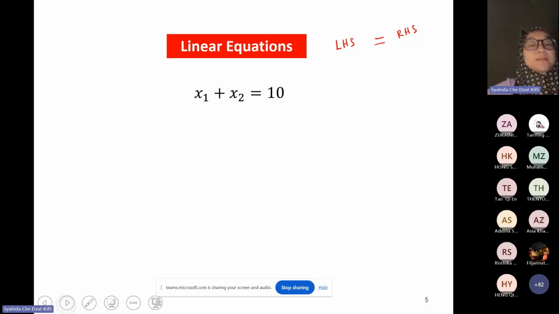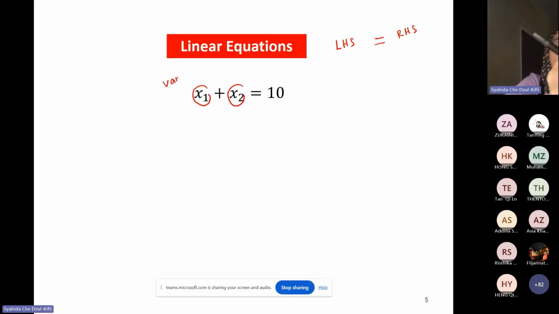Okay, first example. So we have an equation where on the left hand side it is the summation of two variables.